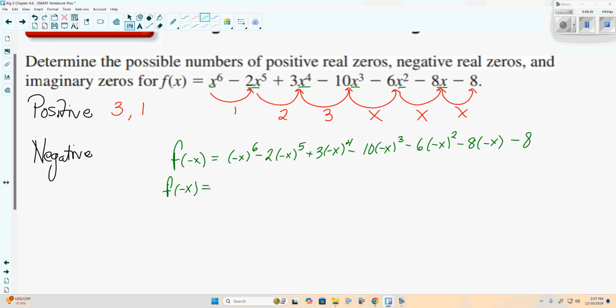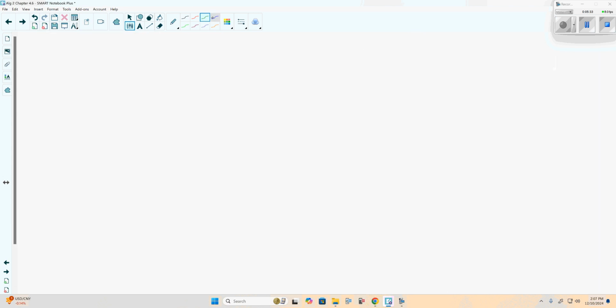Because if we look at negative x to the 6th, we're doing two things. We're multiplying a negative by itself 6 times, and we're multiplying x by itself 6 times. So I'm going to get a new page. You don't have to write this down. When we say negative x to the 6th, we're really saying we're multiplying negative x by itself 6 times, yes?